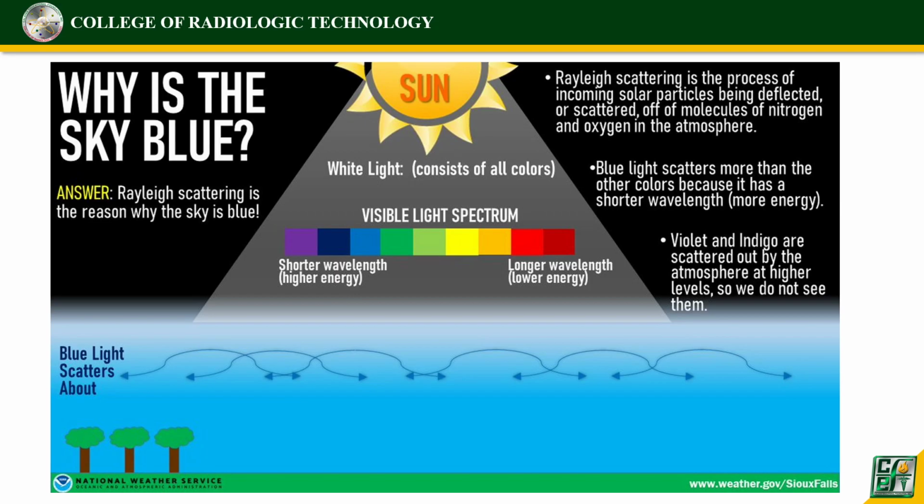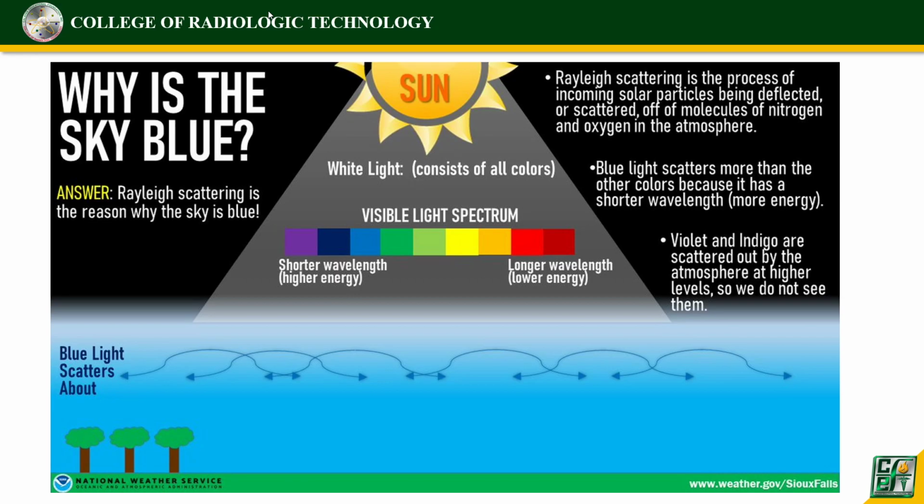Okay, so blue light scatters more than the other colors because it has a shorter wavelength, more energy. So the violet and indigo are scattered out by the atmosphere at higher levels. That's why we don't see them even though they have a shorter wavelength compared to blue light.